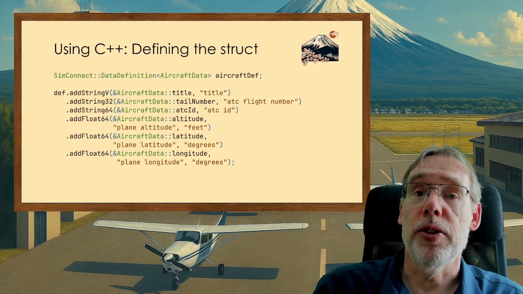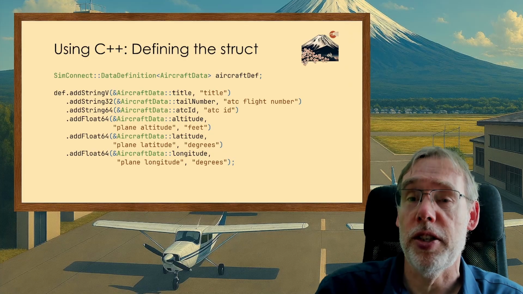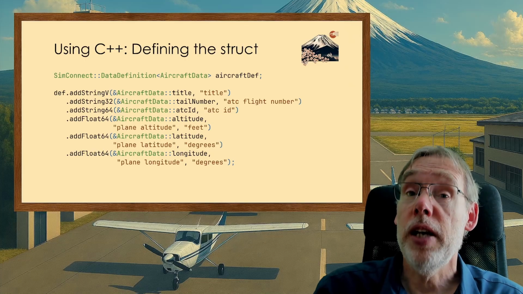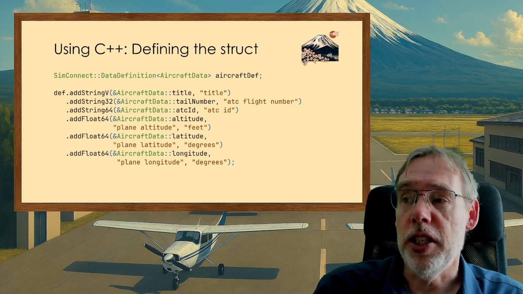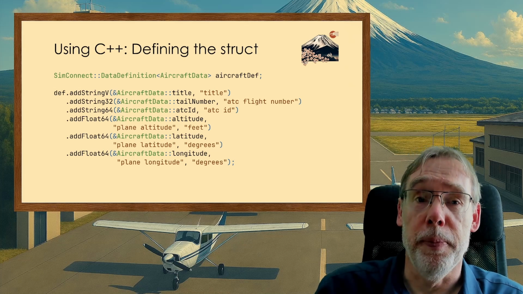This works because the template function can generate those lambdas, just like C and CsSimConnect, to get and set values and even convert between types. And because it's a templated method, it can do this at compile time.